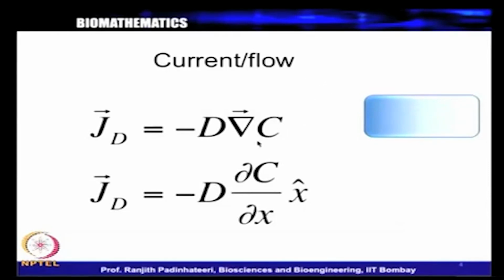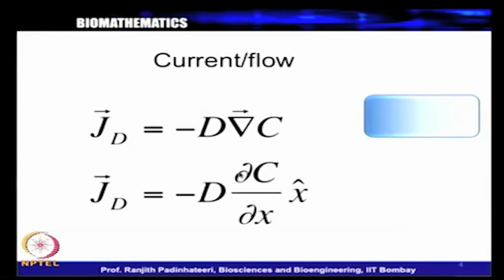See this slide here, it shows how this flow can be represented mathematically. J d, that is the current due to diffusion, is minus D times del C, where del is the gradient as we discussed before. The gradient del can be written as del by del x x cap. So, J d can be written as minus D del C by del x x cap.